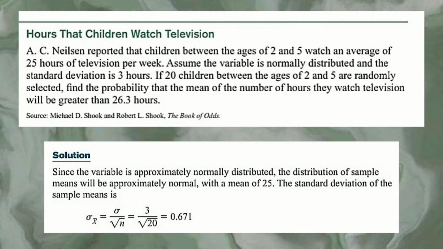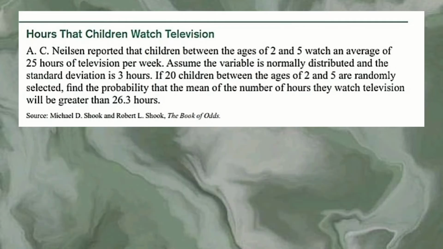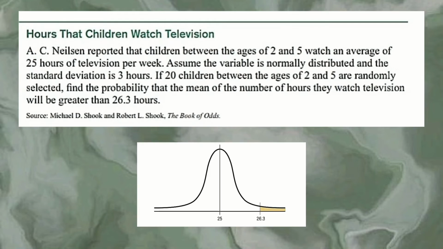The standard deviation of the sample means is sigma x bar equals sigma over square root of n, which is 3 over square root of 20, and it is equal to 0.671. The distribution of the means is shown in the figure with the appropriate area shaded.